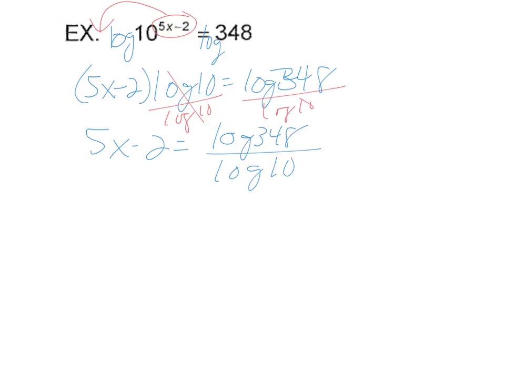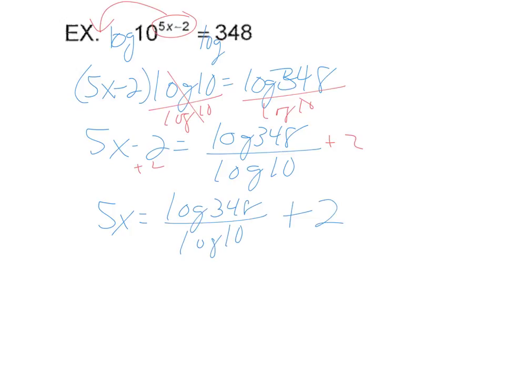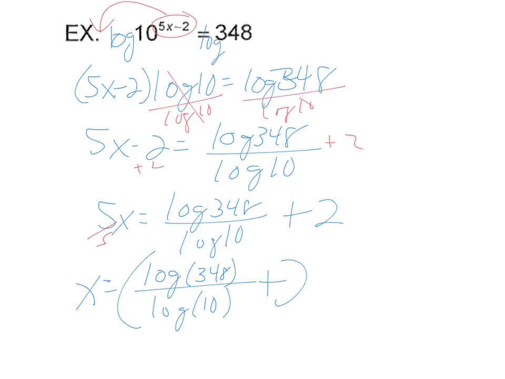Don't put anything in the calculator till the very end, because the more you round, the more inaccurate the answer becomes. Now let's add 2. 5x equals log of 348 over log 10 plus 2, and now divide by 5. Because we've got a lot of stuff on the right side and it all needs to divide by 5, I think it's a little bit easier to write it like this: x equals, parentheses, log of 348 over log of 10 plus 2, close the parentheses.